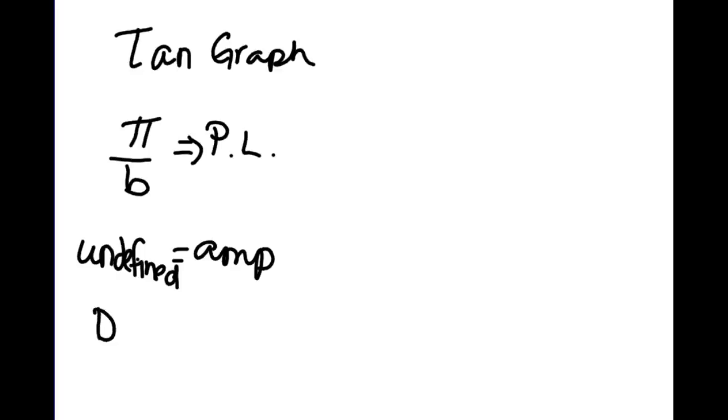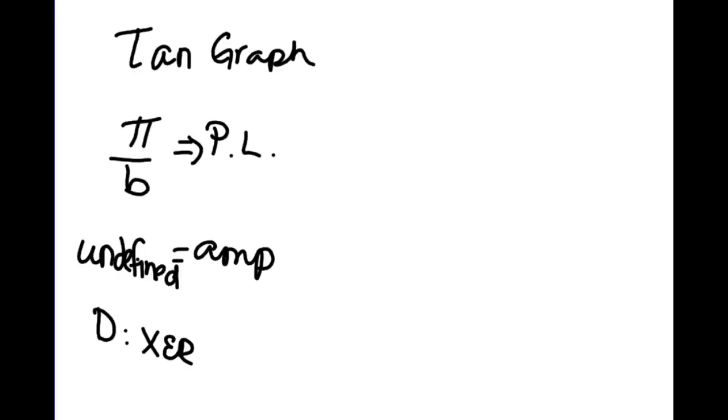What else do we need to talk about? The domain is going to be x in the reals, but there are going to be spots where there are asymptotes, and that's where the graph does not cross.